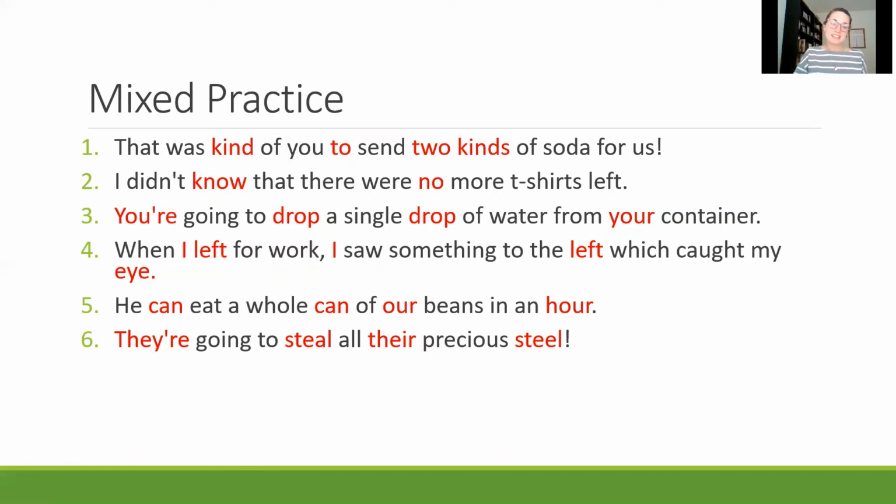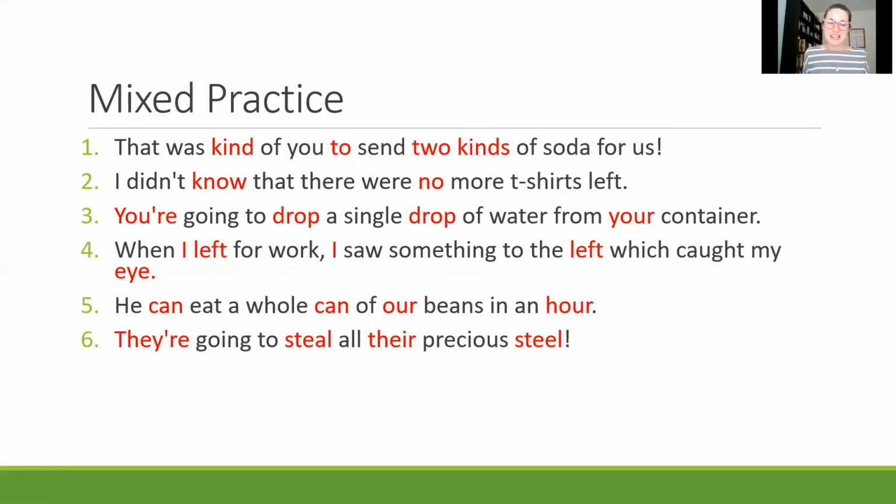For 5, it says, he can eat a whole can of our beans in an hour. So he can, meaning he's able to, eat a whole can of our beans. So like the container, a can. Now here, this is a little bit confusing because it depends on your pronunciation. Many people say our and hour the same. So our beans belonging to us, and hour as in the amount of time.